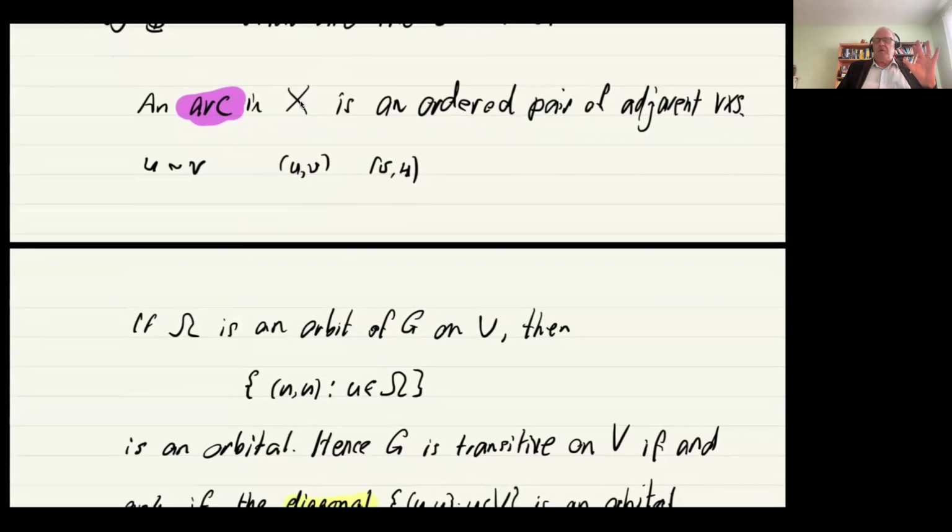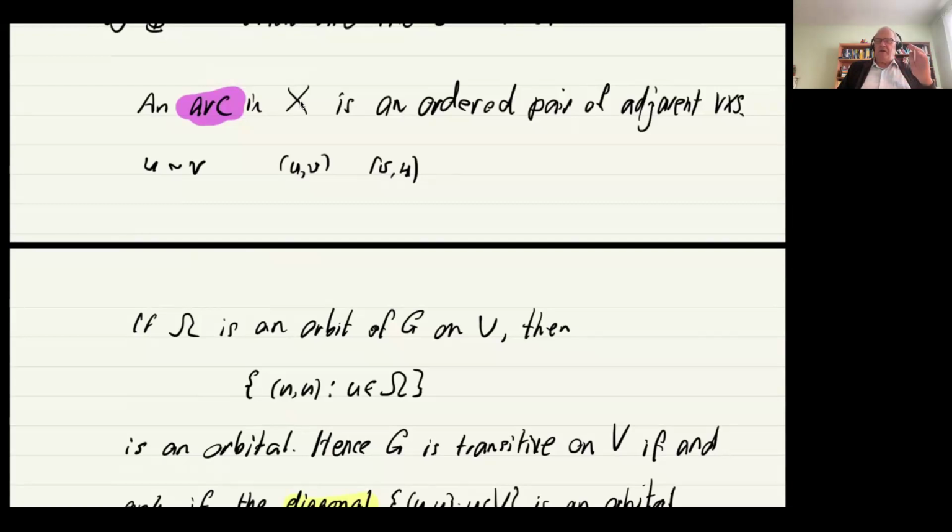And so the orbitals partition the arcs of the complete graph into subgraphs. Now, each of those subgraphs is vertex transitive because we started with things being vertex transitive, but they're also arc transitive because each orbital is an orbit of arcs. And so you've constructed a collection of arc transitive graphs from the group.